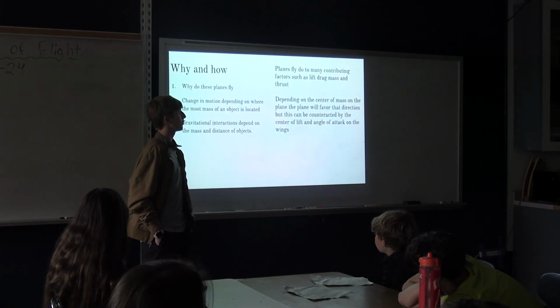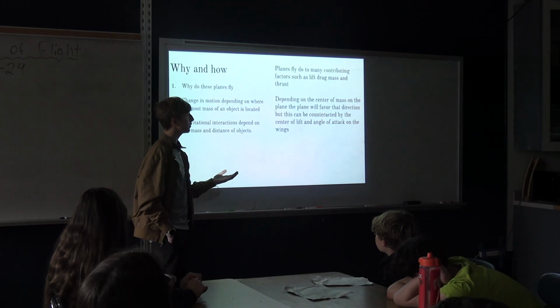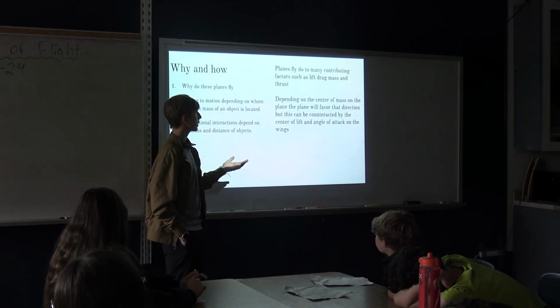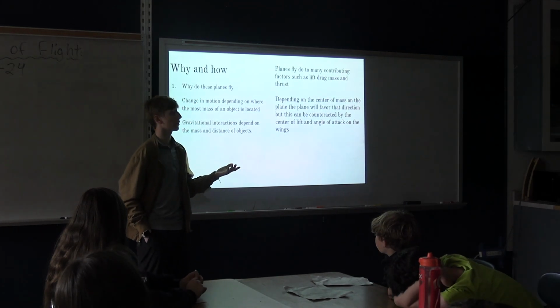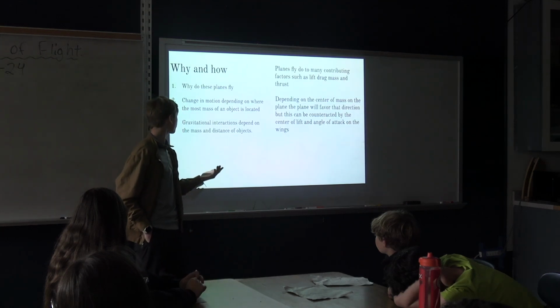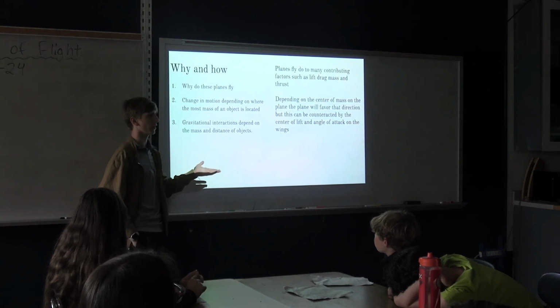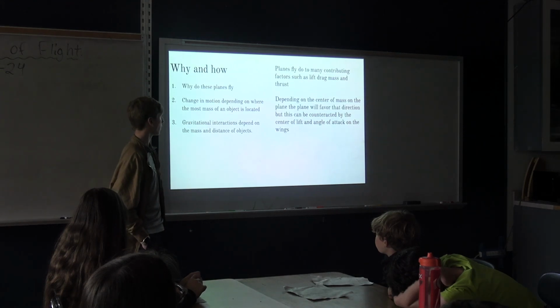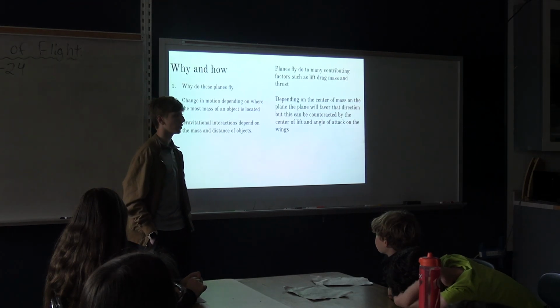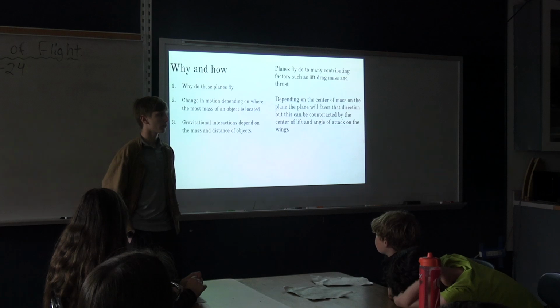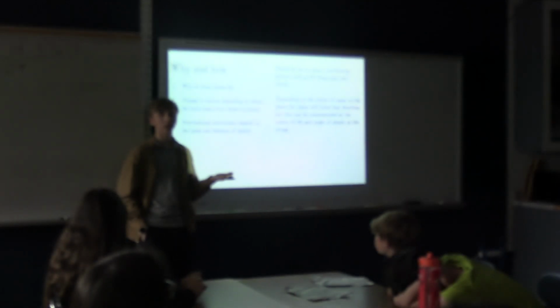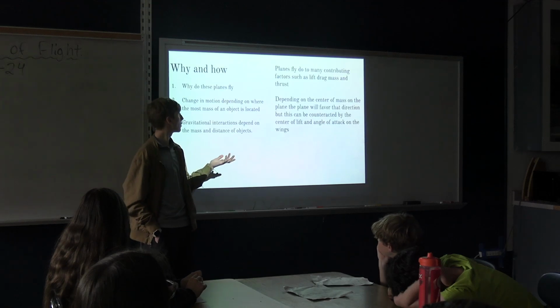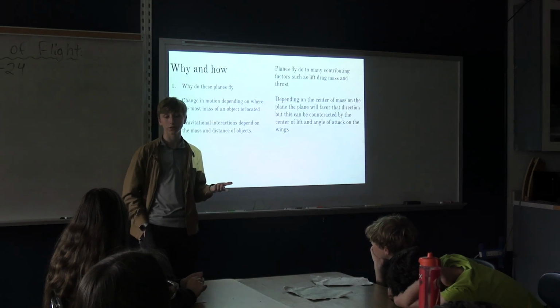The center of mass on the plane will favor that direction. This can be counteracted by center of lift and angle of attack of the wings. And your 3rd question: gravitational interactions depending on the mass and distance of the objects. Pretty much referring to how much gravity affects your plane versus other planes of similar size.